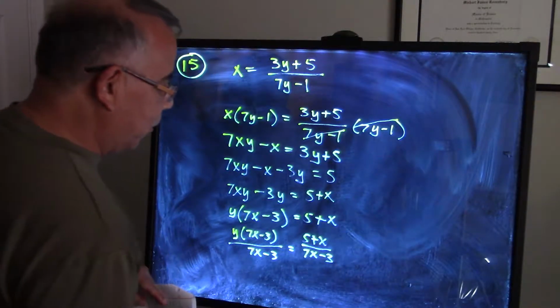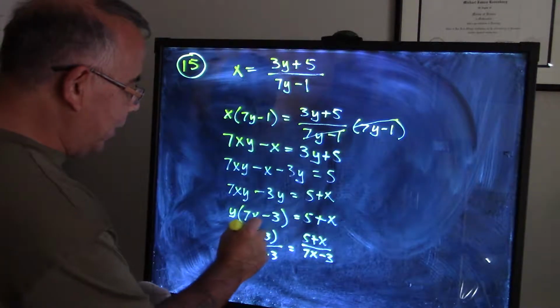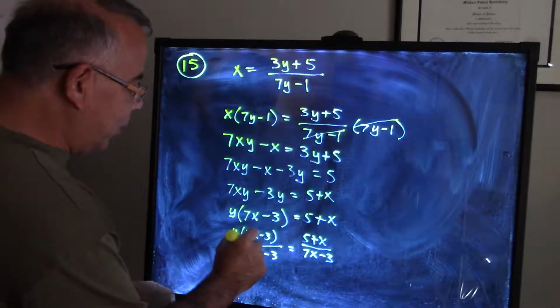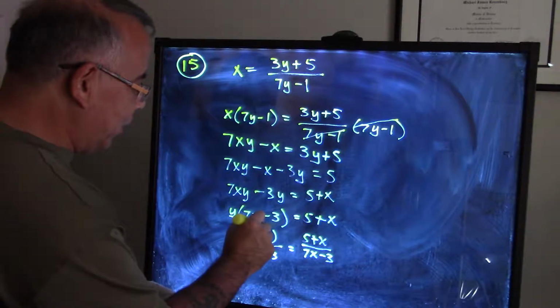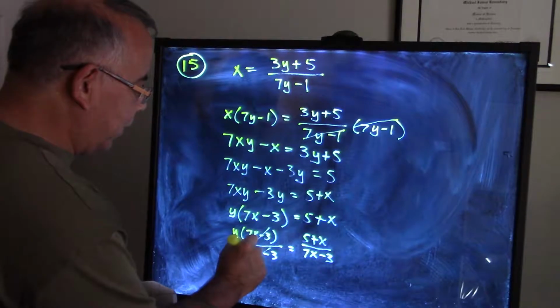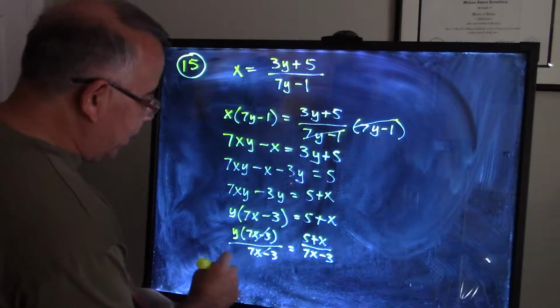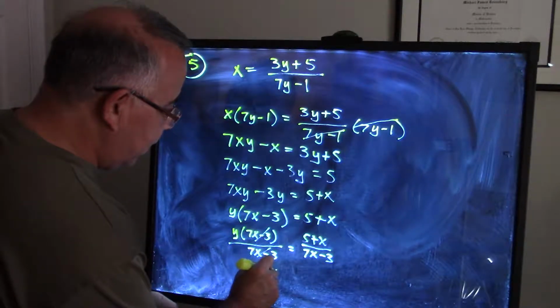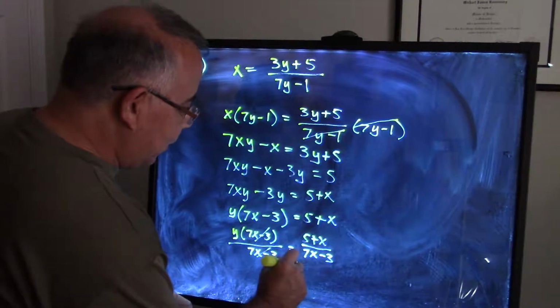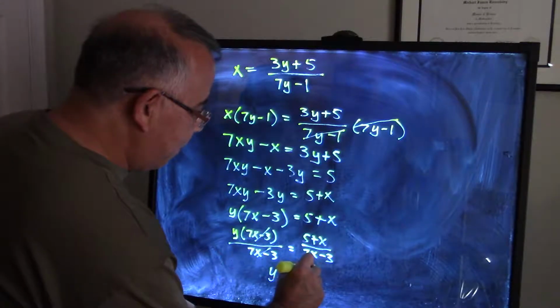So divide both sides by 7x minus 3. This 7x minus 3 over 7x minus 3 equals 1, so you can cancel that out. That leaves me with just y, which equals x plus 5 or 5 plus x, either way.